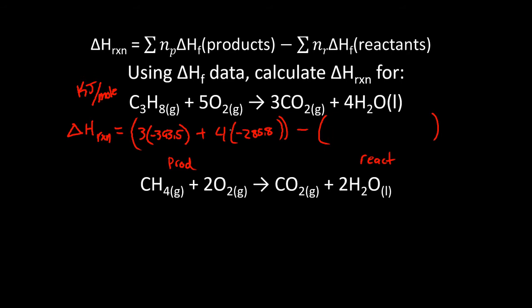For the reactants, I have propane, so I'm going to go back to the carbon on the list. I only have one of this, but I'm going to put the 1 in. Where is propane? There it is. C3H8 is negative 103.85.